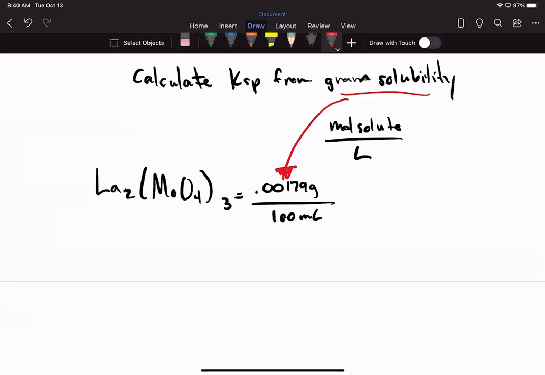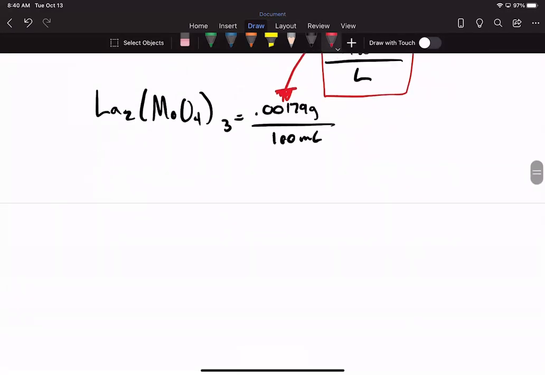But in order to calculate KSP, we need molar solubility, not gram solubility. Which means we have to convert these grams per milliliter into moles per liter. We just do that with a little bit of stoichiometry, using conversion factors.